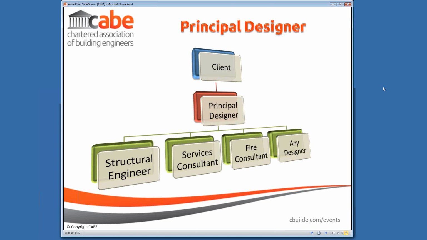So if we haven't necessarily got a principal designer, but we've got a range of designers working together, the first designer appointed may by default become the principal designer. The principal designer then has the responsibility to plan, manage, monitor and coordinate the pre-construction phase. They also have to, as far as reasonably practicable, ensure the project is carried out without risk to health and safety.